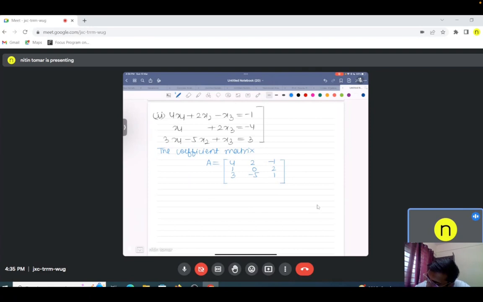Now you see, are these diagonally dominant? I think these are. You just check. Is it? See, this is not a diagonally dominant matrix, right?